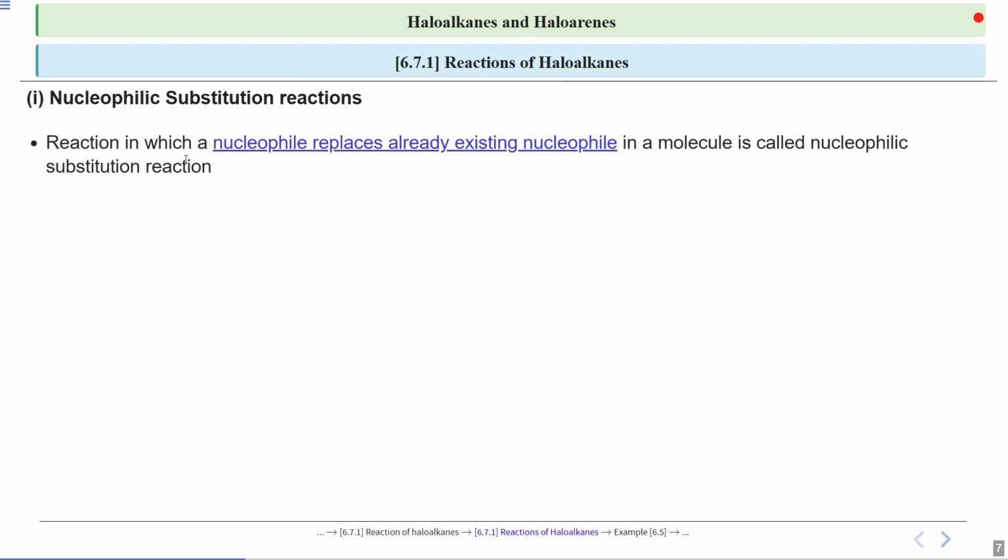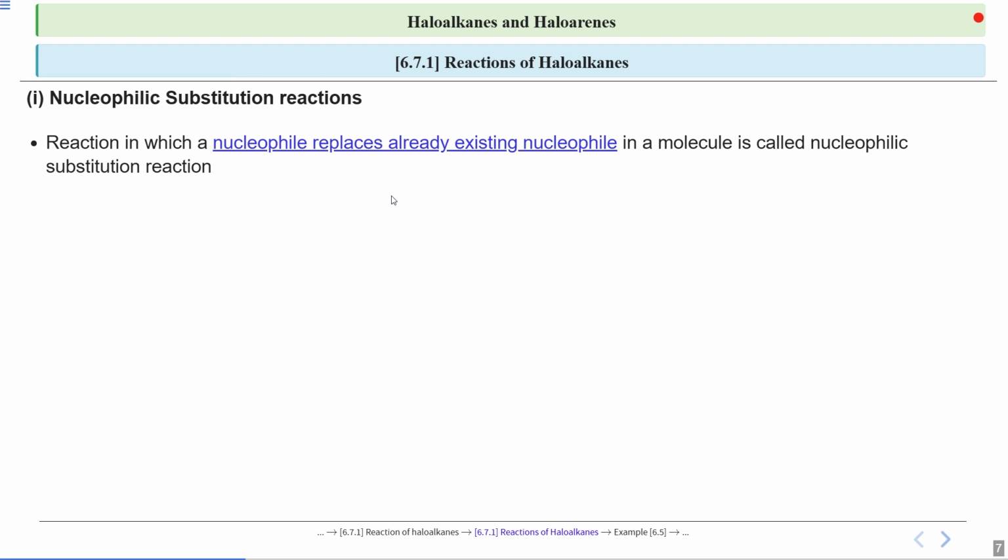A reaction in which a nucleophile replaces an already existing nucleophile in a molecule is called nucleophilic substitution reaction. So a reaction where there is a molecule in which there is already an existing nucleophile which is going to be replaced by another nucleophile.